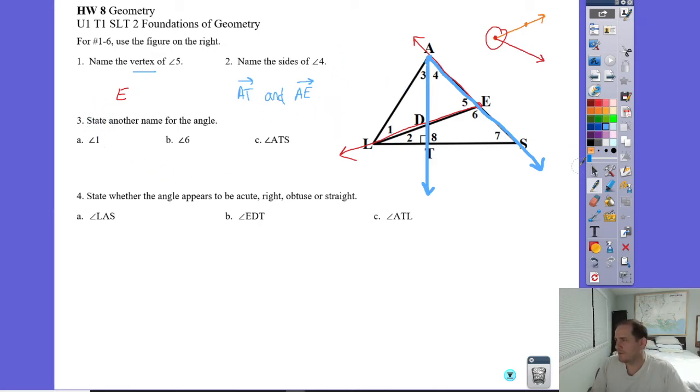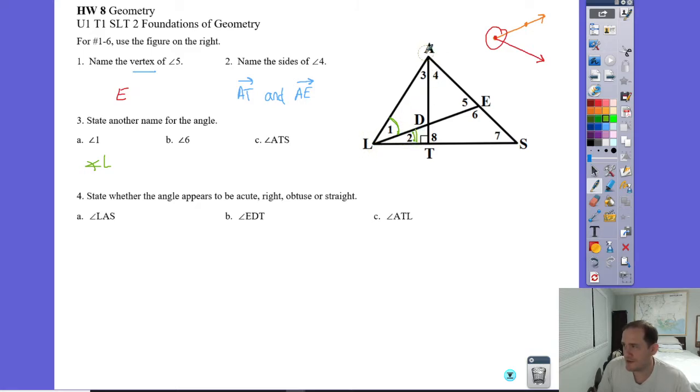Now, in problem 3, they want us to be giving alternate names for some of these angles. So you've got to just look where they are, find them, and see if there's other points that you can use to give them a name. So when they say angle 1, that's this guy here. Now we know that we can't just call it angle L. If we call it angle L, well, angle L could be angle 2 for all we know.